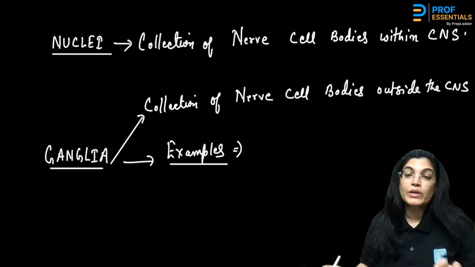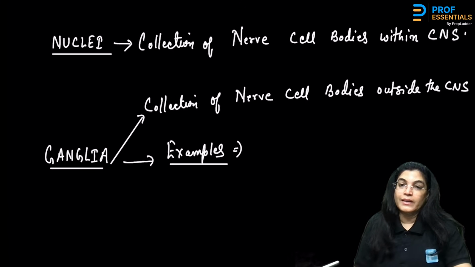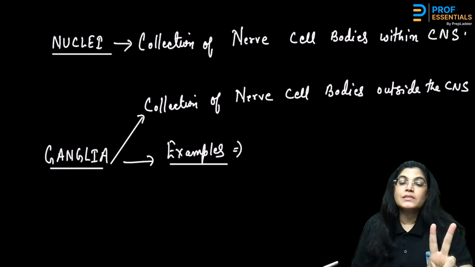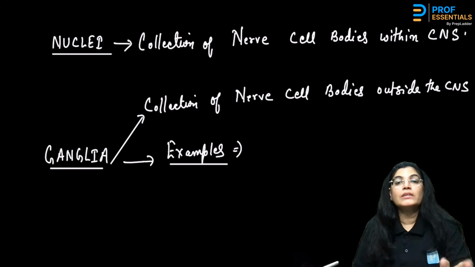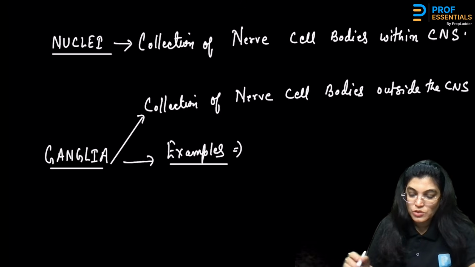Examples are the dorsal root ganglia of the spinal nerve and the ganglia which are associated with cranial nerves. So these are two examples where we have the nerve cell bodies lying outside the central nervous system. Two examples, my dear students, please note down.